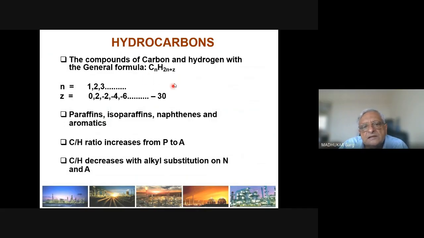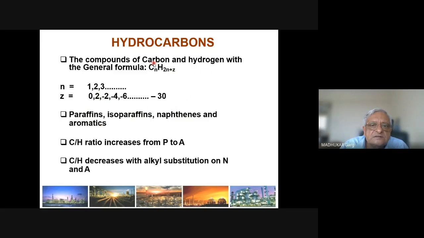Any hydrocarbon has a general formula of CnH2n+Z, where n can vary from 1 to whatever, 60, 100, and Z depends on the type. You can have paraffin: if Z is 2, that is CnH2n+2, then it is a paraffin, same with isoparaffin. If it is CnH2n, then it is naphthene, which is a cyclic paraffin. And then aromatics is CnH2n-6, which is something like benzene, toluene, or xylene.